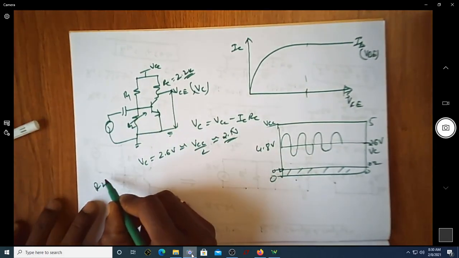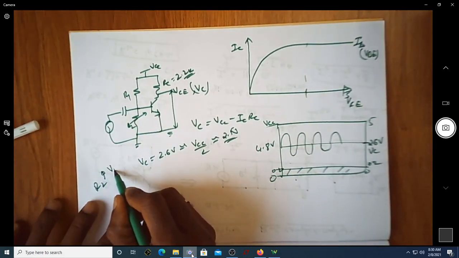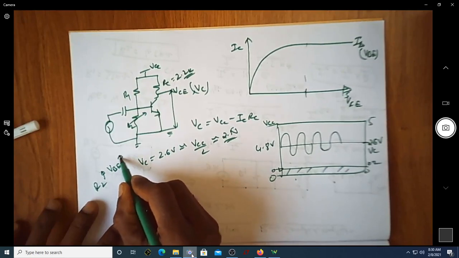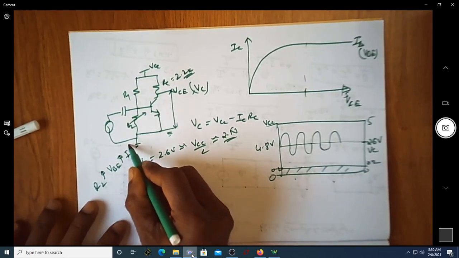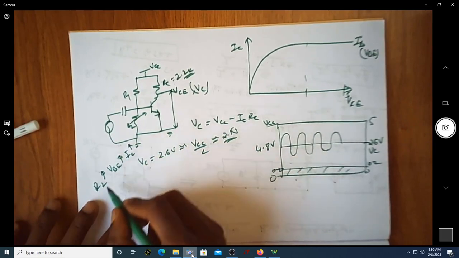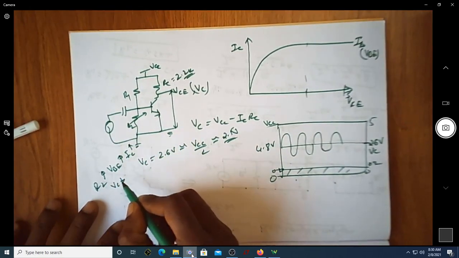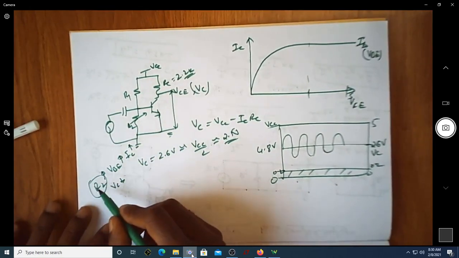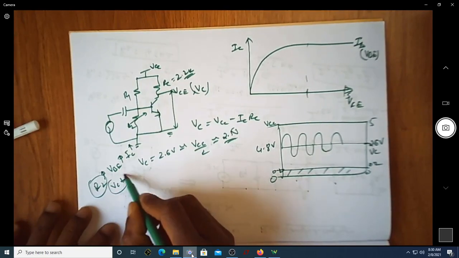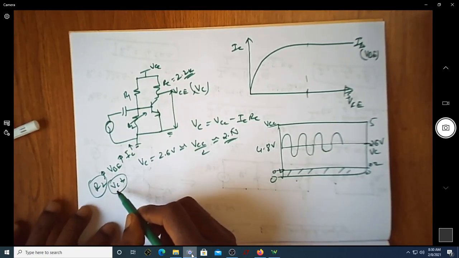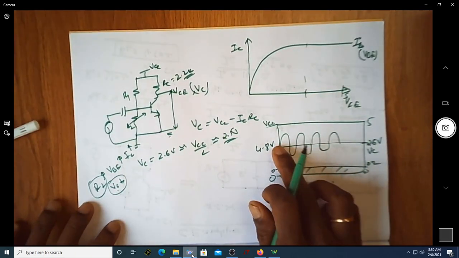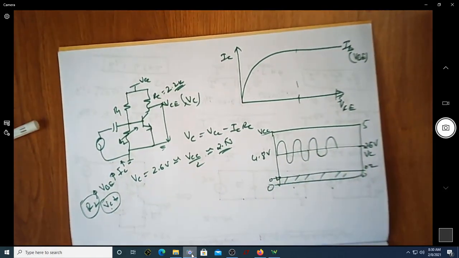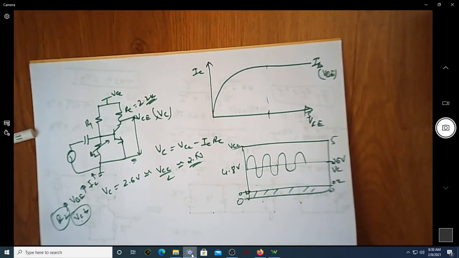If I increase the value of R2, my VB also increases. If my VB increases, my IC will increase. If IC increases, my VC will reduce. So by changing the value of R2, I can adjust VC. Once VC is almost half of your VCC, then I can apply the input voltage so that I can measure the gain of the amplifier.